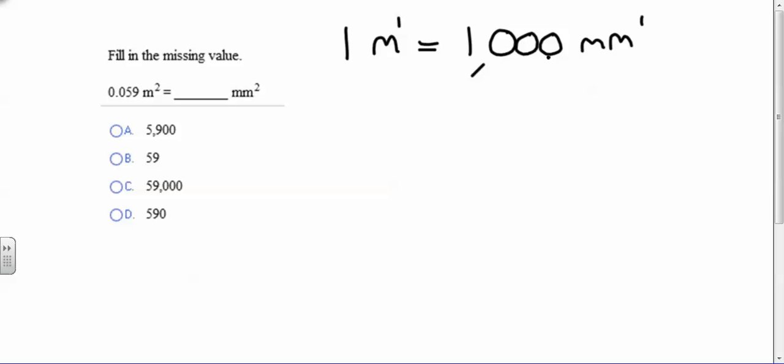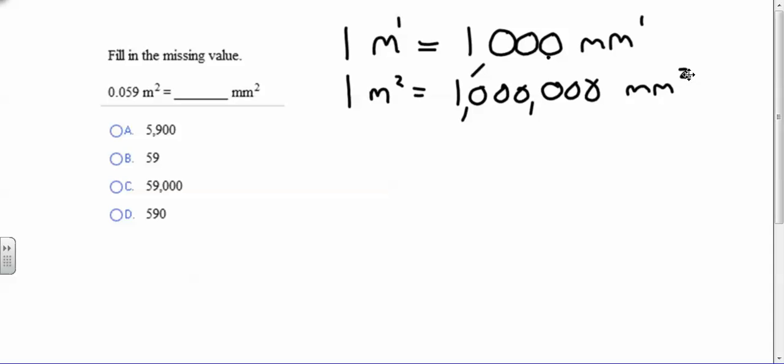So what we have to do is square each side of the equation and realize we would have 1 square meter is equal to 1,000 times 1,000, which is 1,000,000 square millimeters.